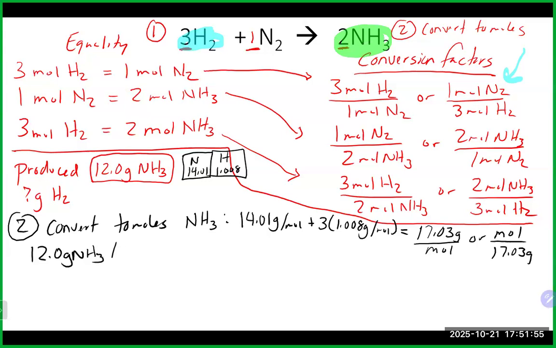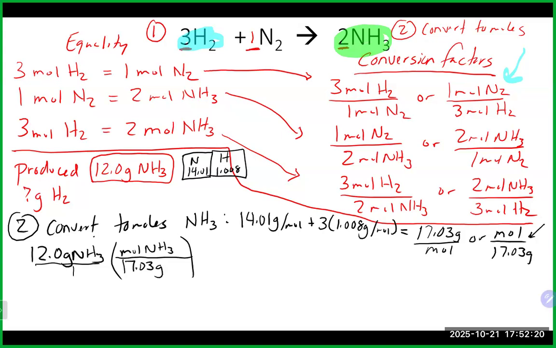Remember, in dimensional analysis, opposites cancel. Grams are on top, so to get rid of grams, it needs to go in the opposite location. So we flip our molar mass around and put it with 17.03 grams per mole of NH3.